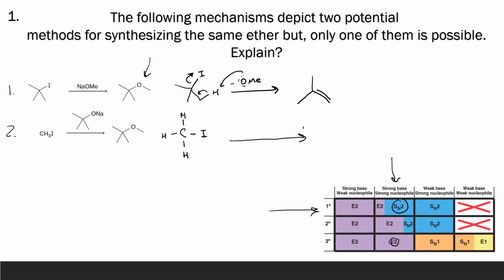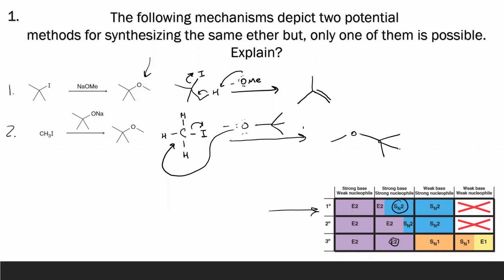This will produce predominantly your SN2 product, which is the desired product in this case. So you have this guy coming in, doing a backside attack, followed by loss of the leaving group.